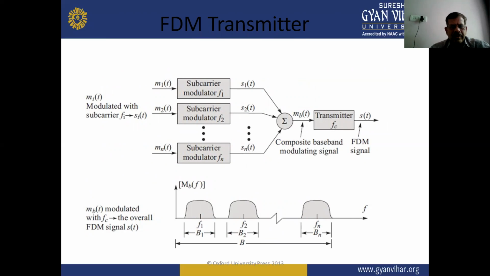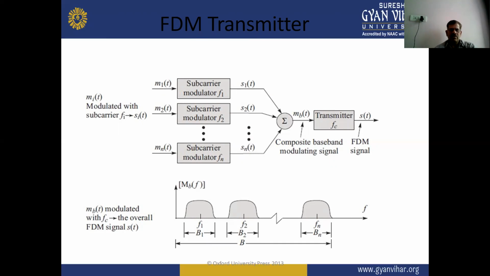This diagram shows the FDM transmitter. In this FDM transmitter, we have different message signals m1(t), m2(t), and so on, and we apply these different signals to the subcarrier modulators, which have the frequencies f1, f2, and fn.